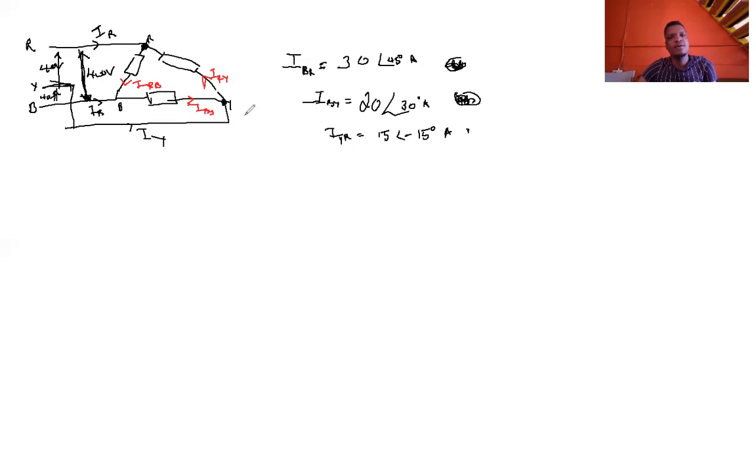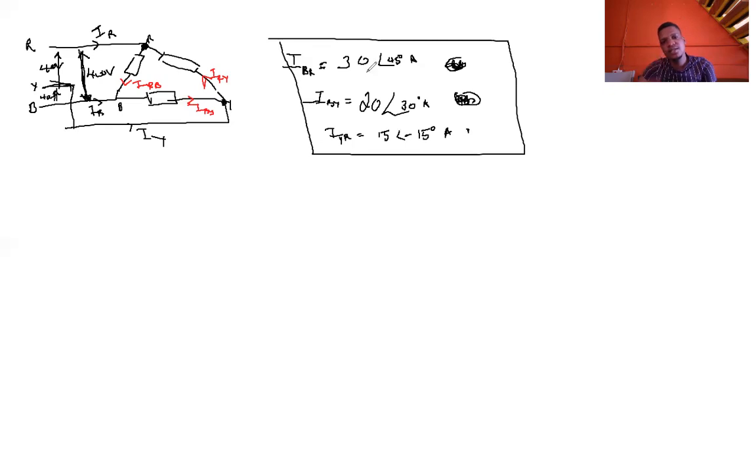And what if the question is saying find the total power transferred? Remember the derivation I used was for a balanced load, but now as you can see, if you look at these values of currents, this is not a balanced load.